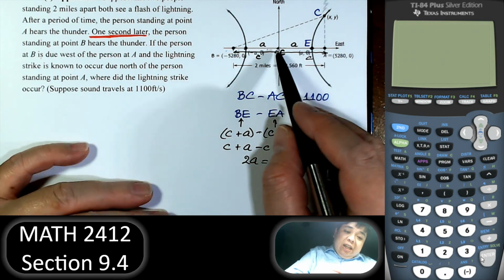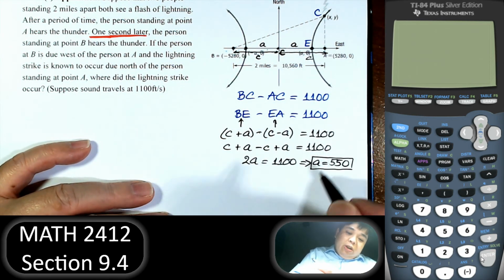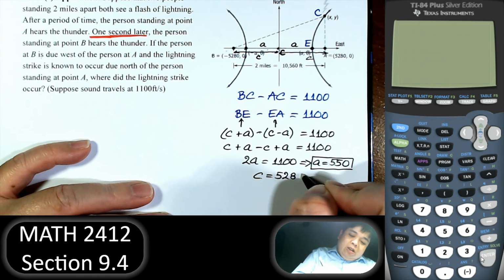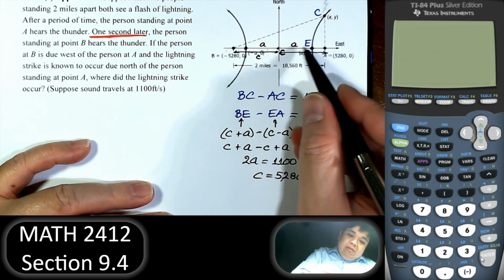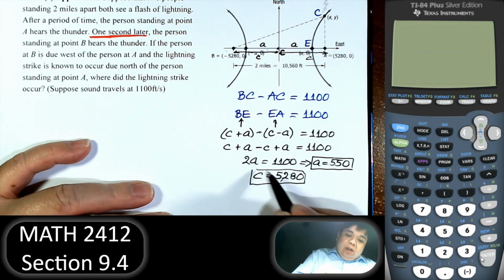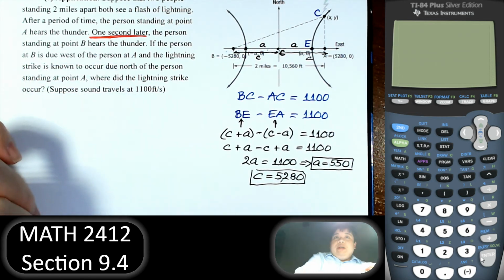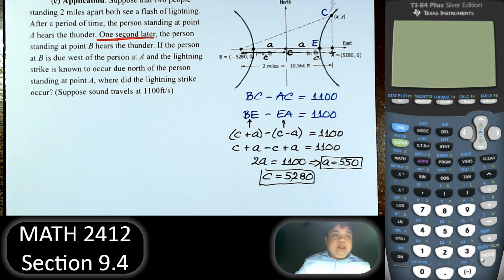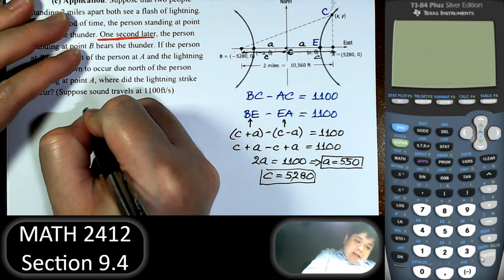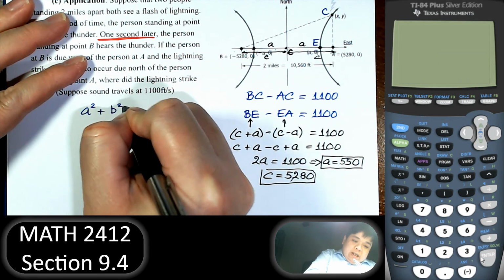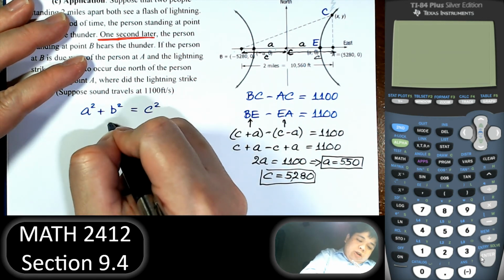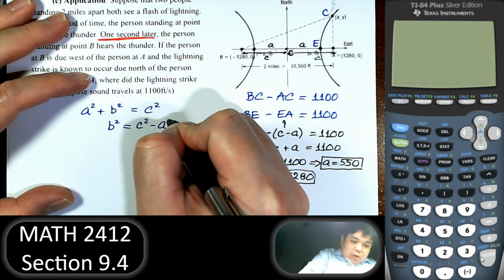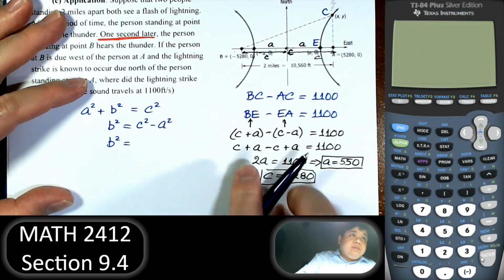Of course, c, the distance from the center to a focus, is 5,280. That's easy from the graph. So we have c, we have a, should be able to find b. So a squared plus b squared equal to c squared. So to get b squared, c squared minus a squared. So what is b squared?